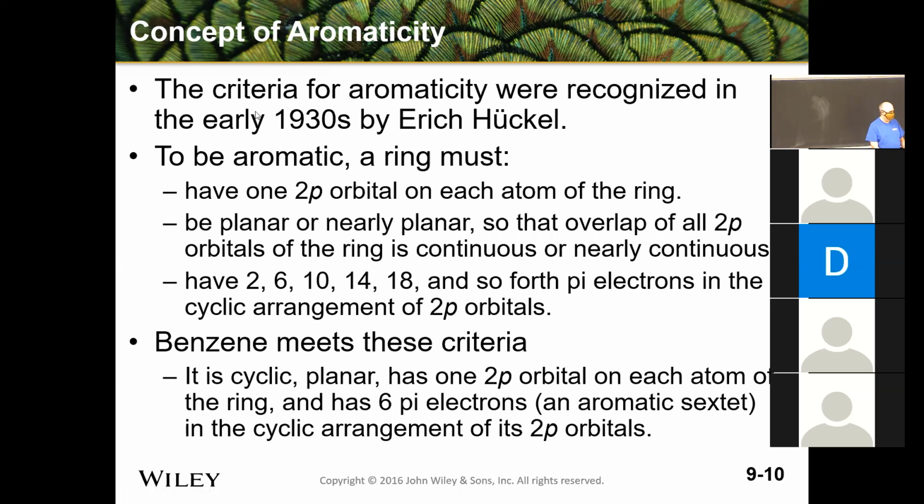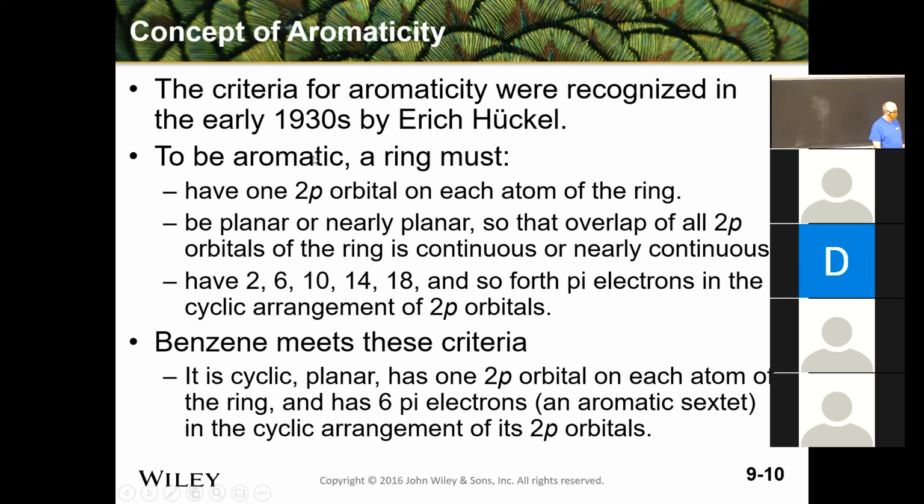Today, though, the term aromaticity, at least in organic chemistry, has nothing to do with the odor. There are some aromatic compounds that have little or no odor. There are some that have very unpleasant odors.